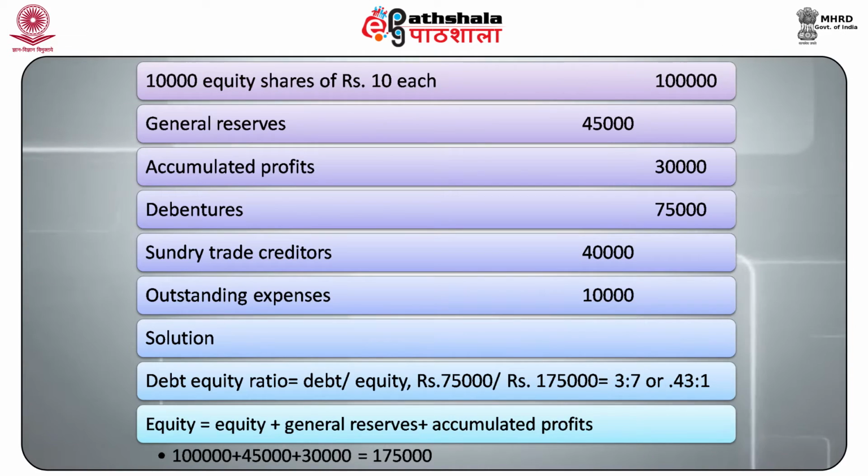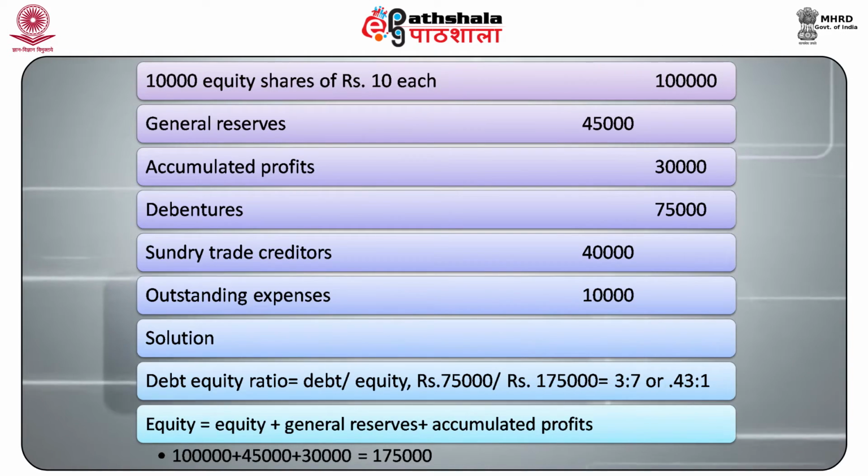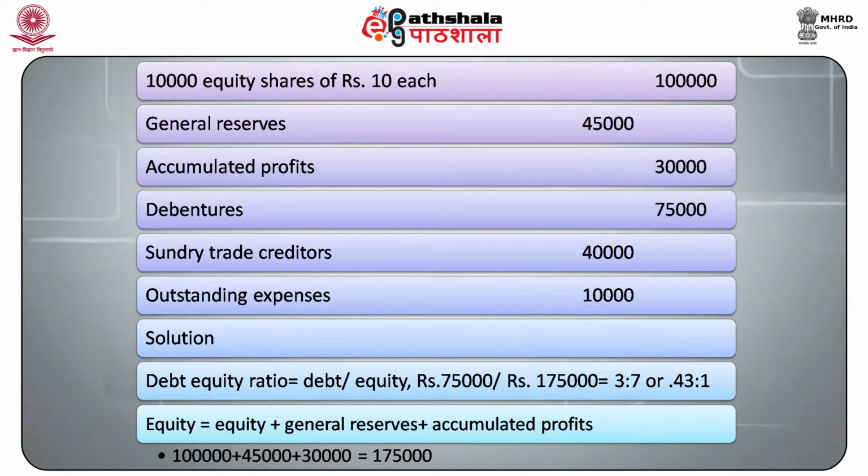rupees. The third example. From the following, we need to calculate the debt equity ratio. 10,000 equity shares of rupees 10 each will give you 1 lakh rupees. The general reserves are at 45,000, accumulated profits at 30,000, debentures at 75,000. Sundry trade creditors is 40,000, outstanding expenses is 10,000.